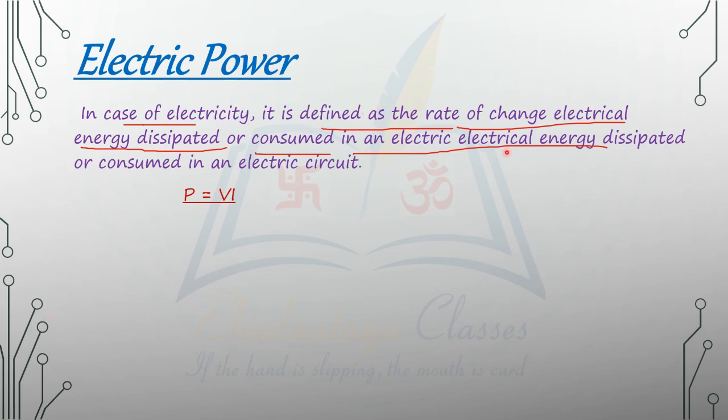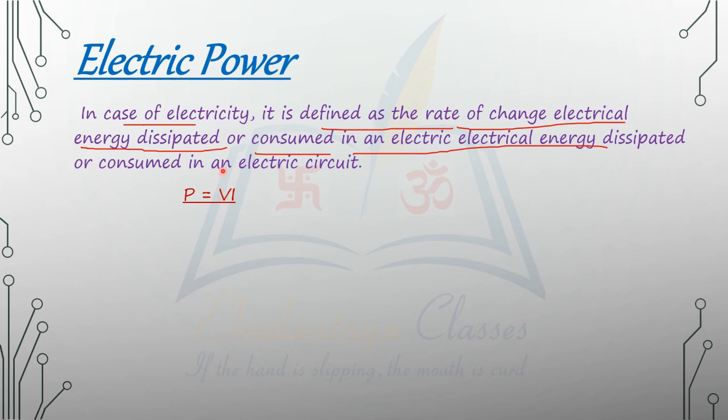Dissipated means it is consumed, like when we charge a mobile, the energy is consumed by it.